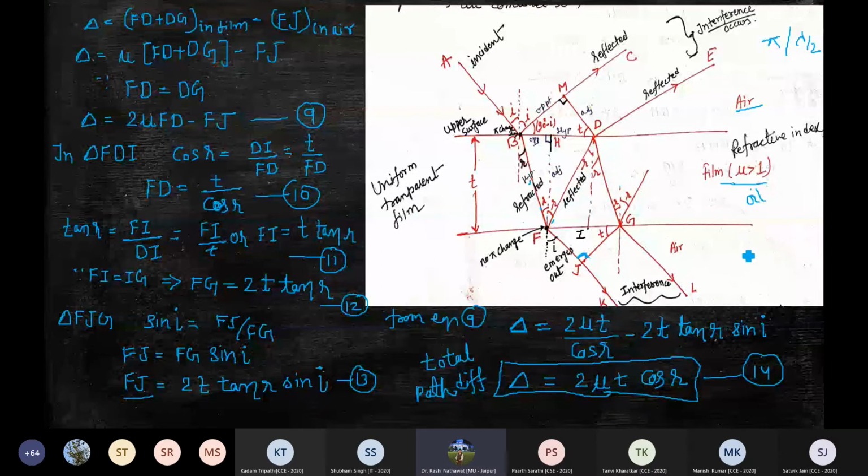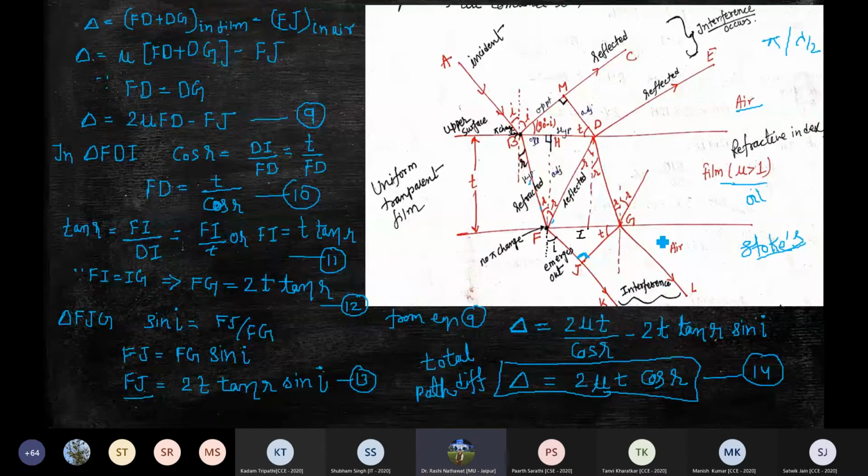I think you all know about Stokes law, because you studied it in the 12th standard, so I was not going into that depth. By this law, if the rays are coming from the same media and emerging out, then there will be no phase difference.